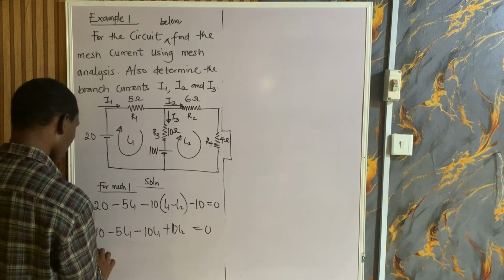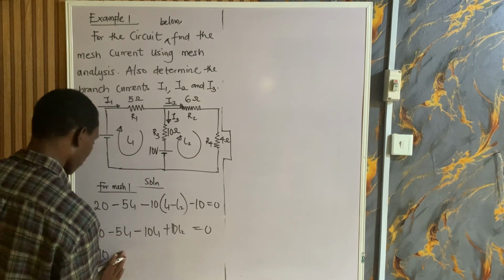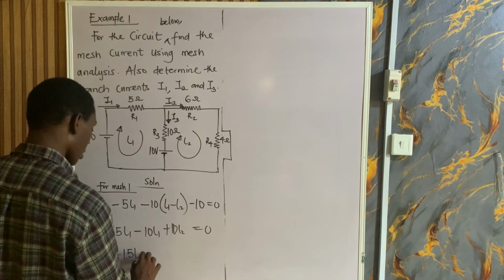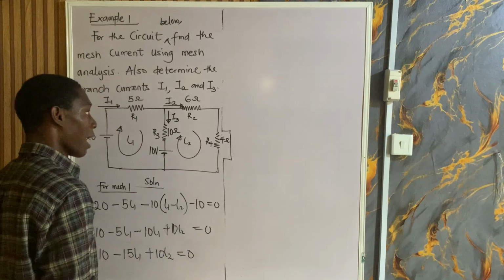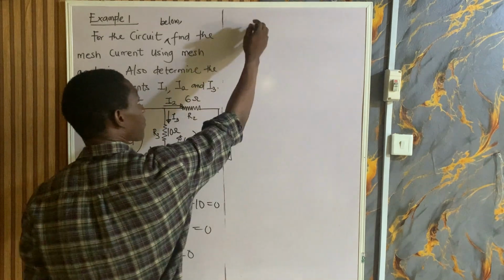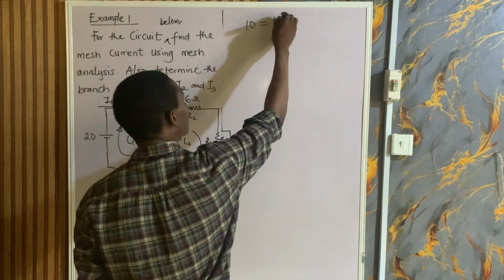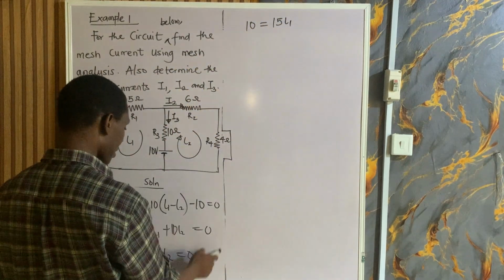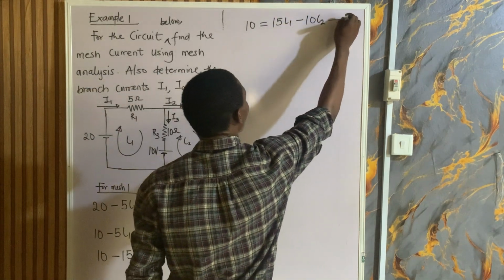Let me not rush things. So at the end of the day, this will give us 10 is equal to 15 I1, because I'm bringing to this side, 15 I1 minus 10 I2. This is my equation 1.